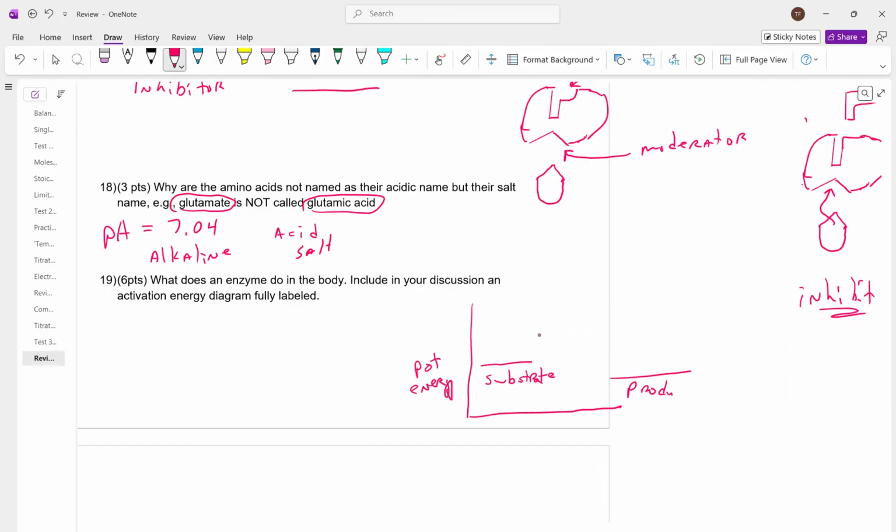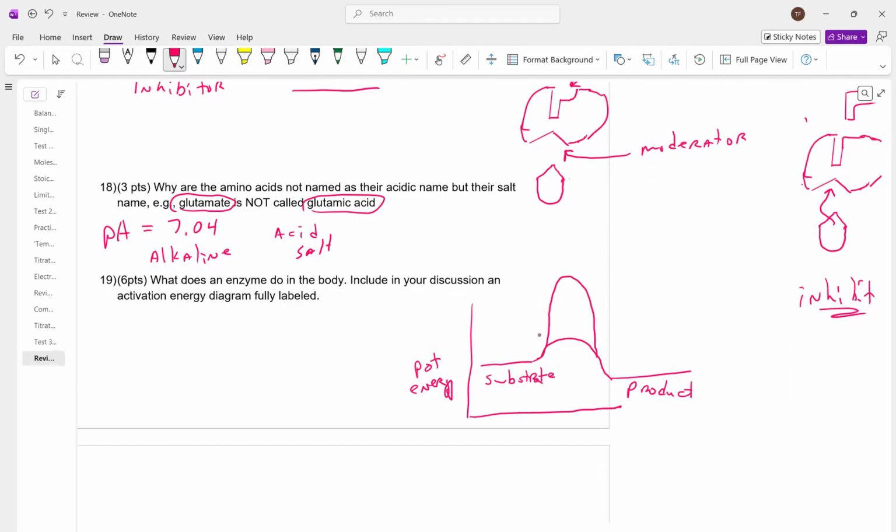Product. Then we had an activation energy that broke apart the substrate into pieces that come back together to form a product.